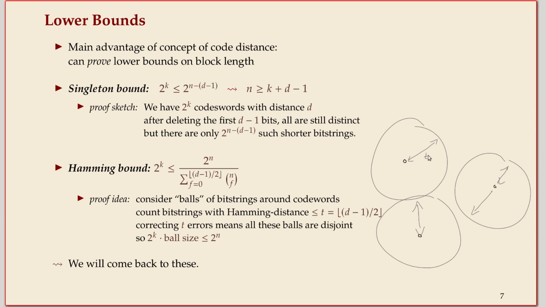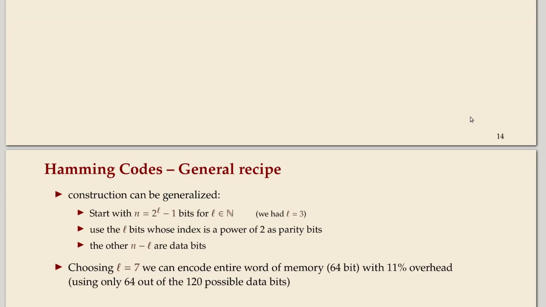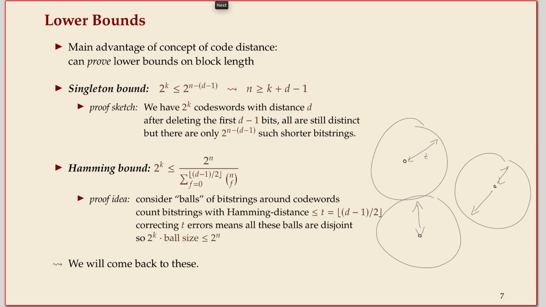Then t, which is essentially d divided by 2, but with a minus 1 so that it's strictly smaller, is the radius.